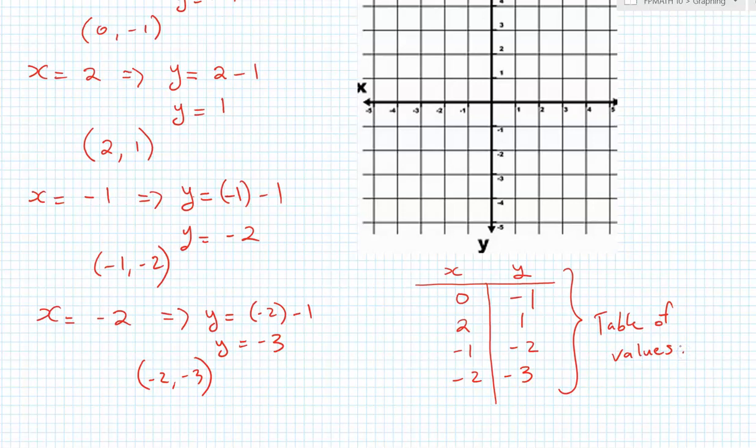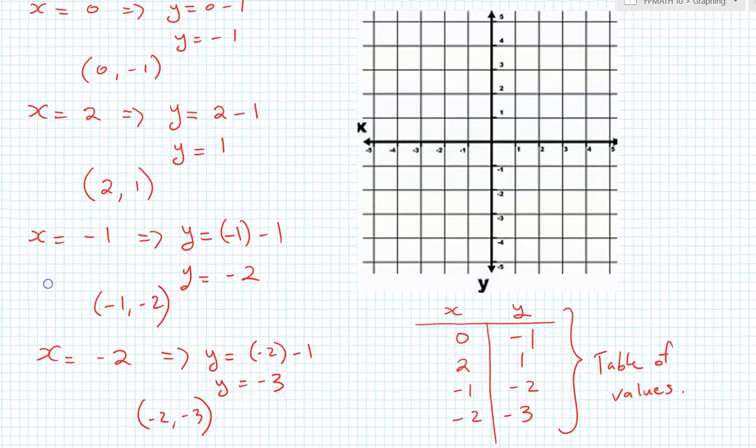And now that we have this, let's plot. Each coordinate that we have, we can use coordinates like that, or you can read it off of here, which is the same, and then plot each one of them. Go ahead and do that. Once you plot all of these, start with (0, -1).